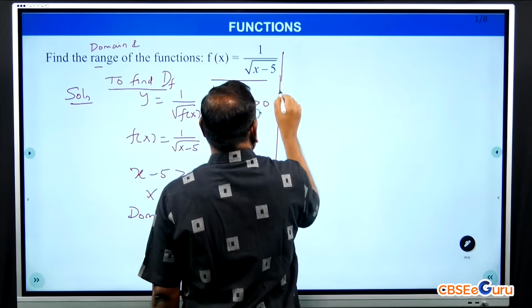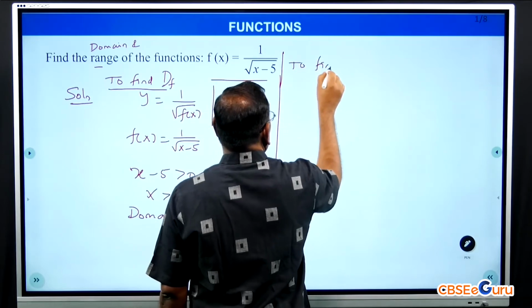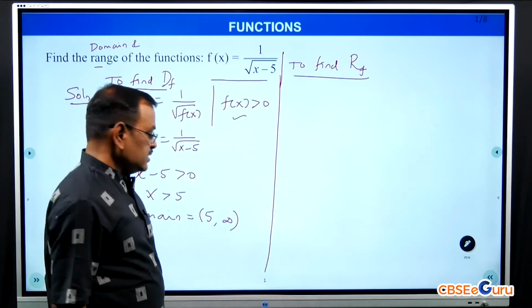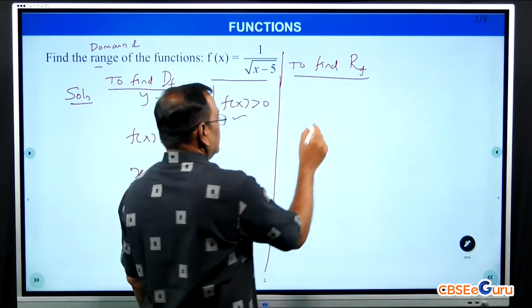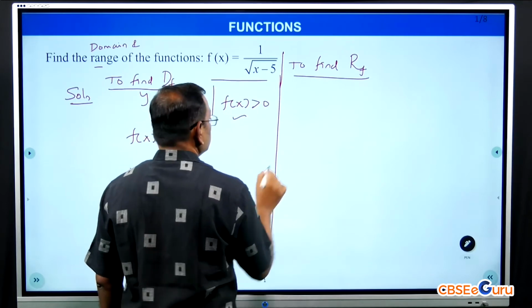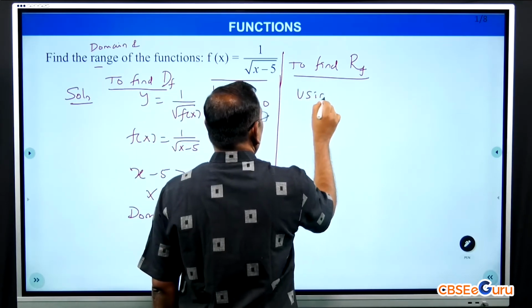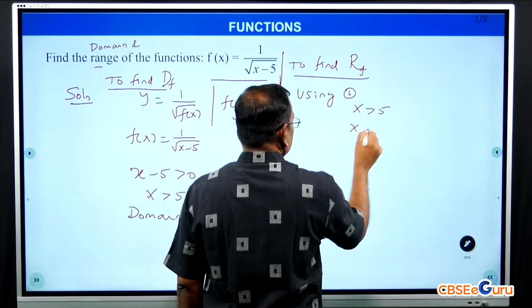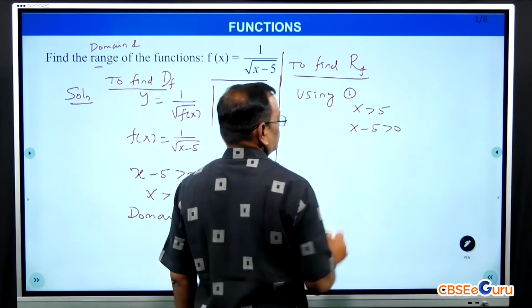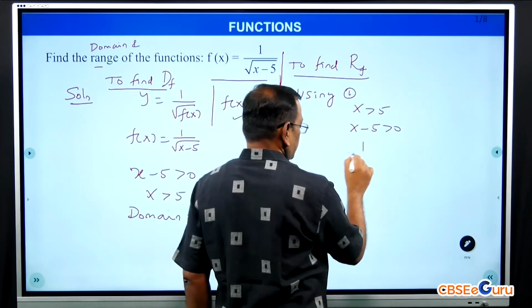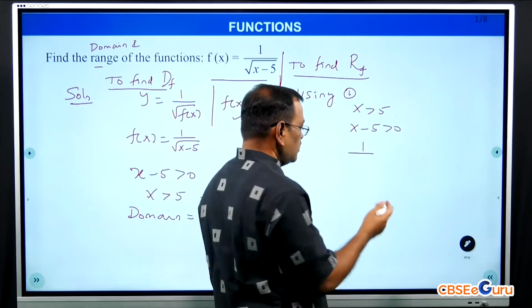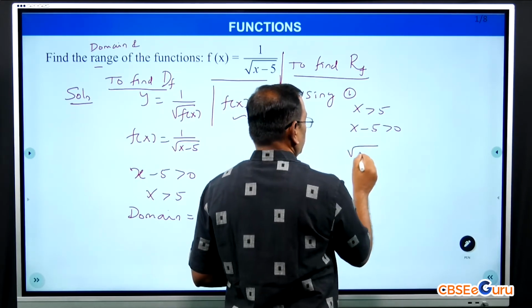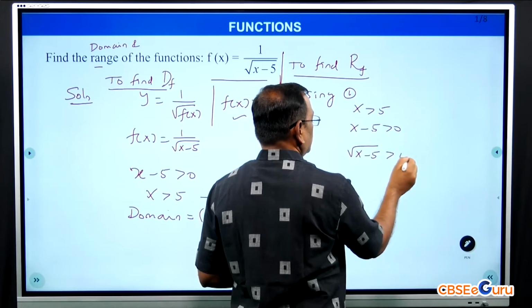To find the range of f, what is the given condition? This is 1. Using 1, x greater than 5, so x minus 5 is greater than 0, positive, and its square root is also positive.